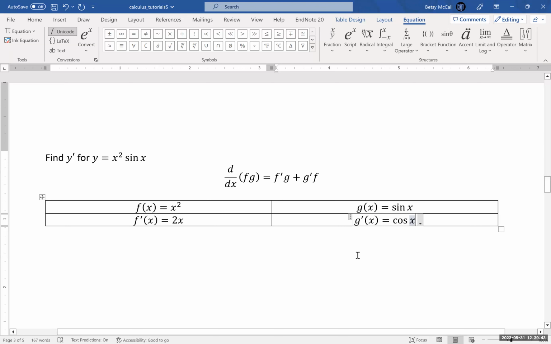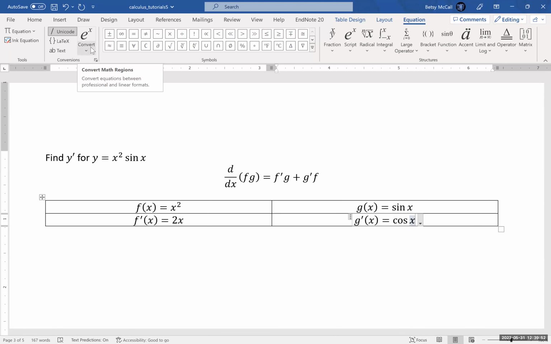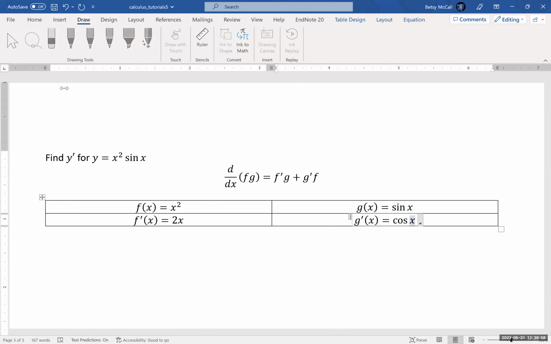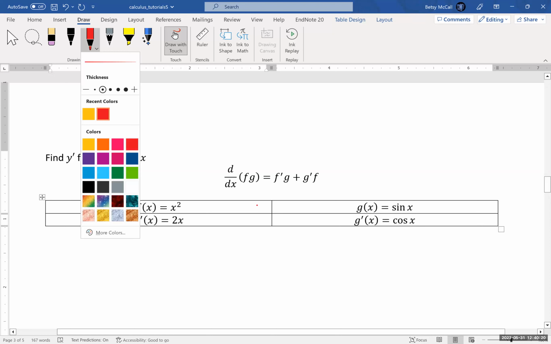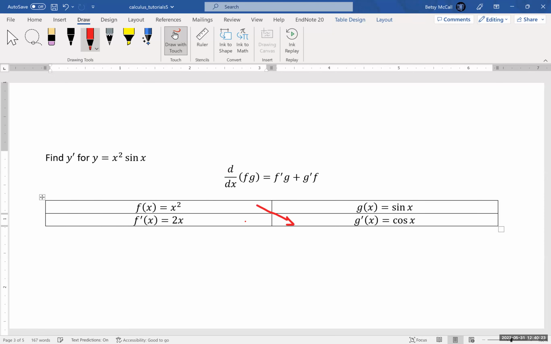And then we recombine them by basically cross multiplying in our table, and then cross multiplying this way.